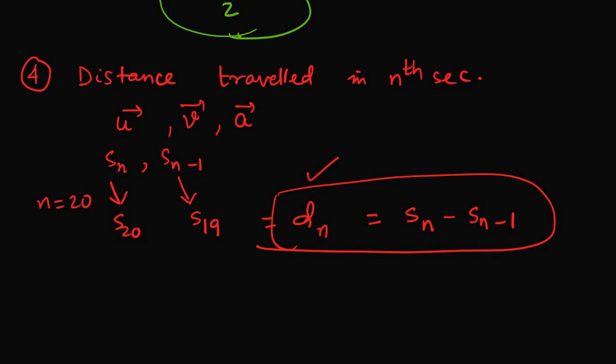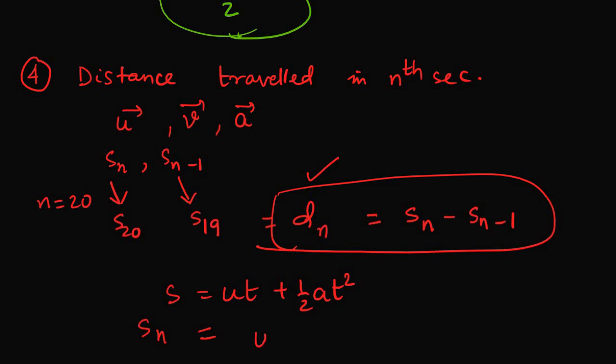Now how to find it out? We know S equals ut plus half at square. When the initial velocity, time and acceleration are known, we can calculate the distance or displacement traveled. Now let's say the distance traveled in n seconds, that would be Sn.